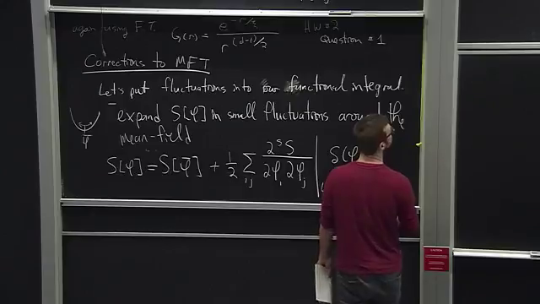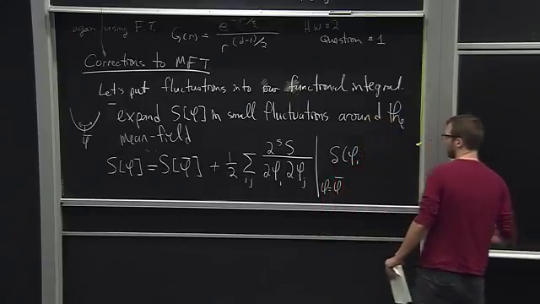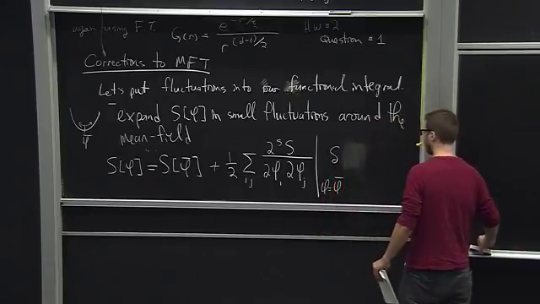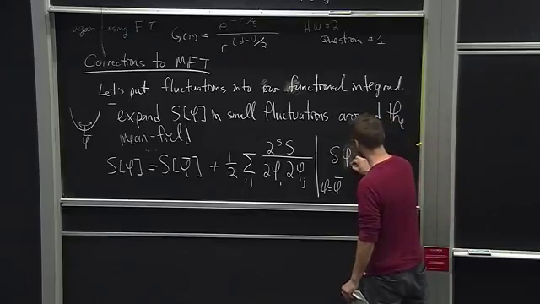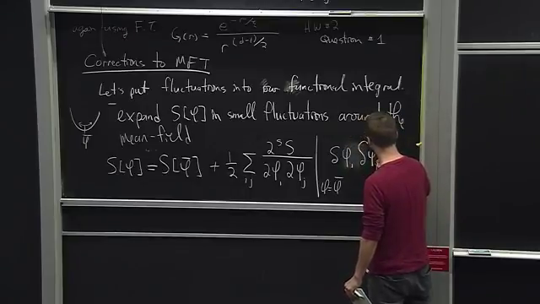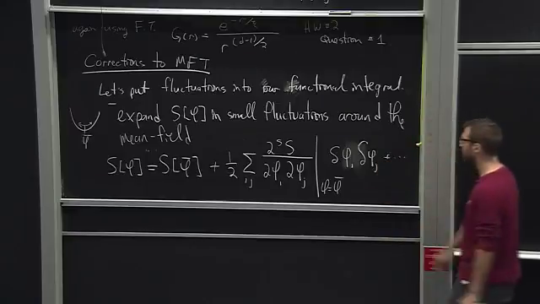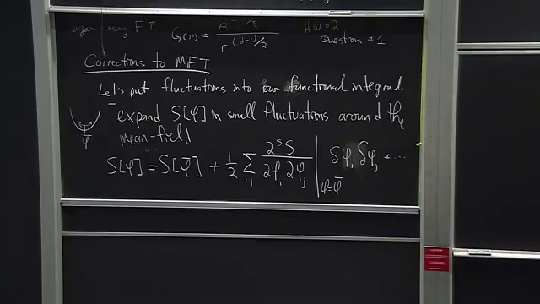Let me forget this bracket. I'll explain what this is in a minute. So 1 phi. Let me write it like that.